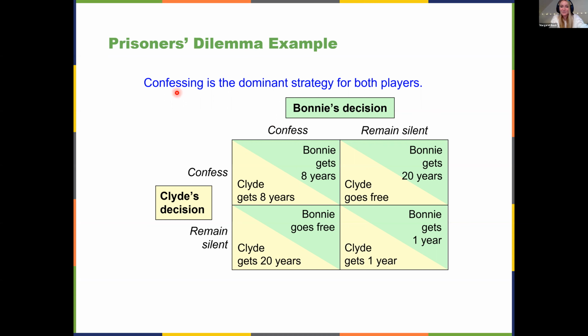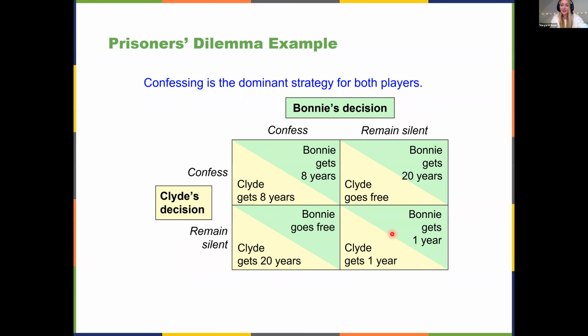This is really an interesting outcome. If we look to the square here, we see that if they both agreed, going in before the police started questioning them, to not tell the cops anything, and if they both remained silent, the cops only had enough information to put them away for 1 year each.